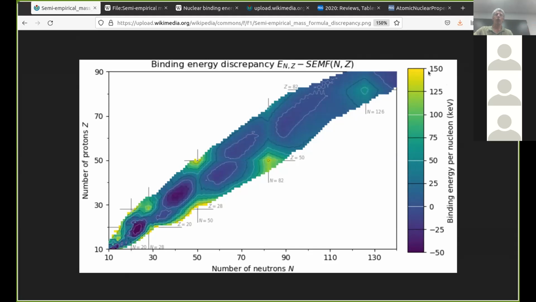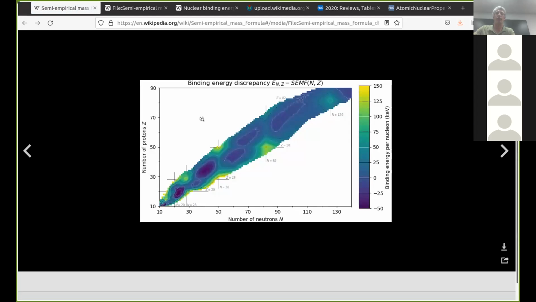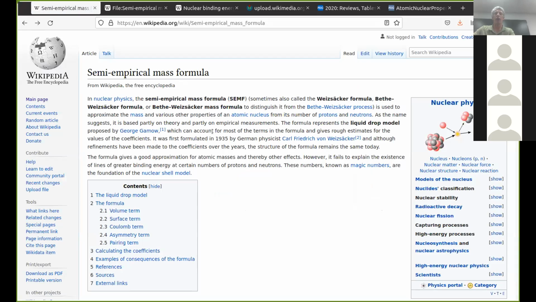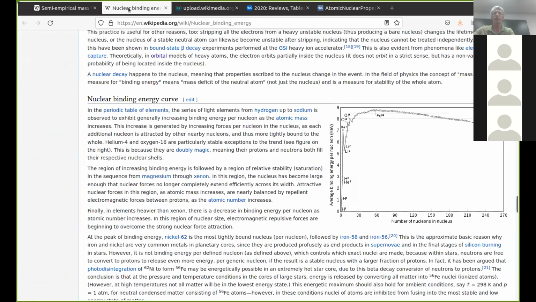Well, for such a simple model as the semi-empirical mass formula, it's really amazingly successful, right? Again, I'm not saying it captures everything that's going on in nuclear physics, far from it, but it does allow us to produce a graph of the nuclear binding energy.